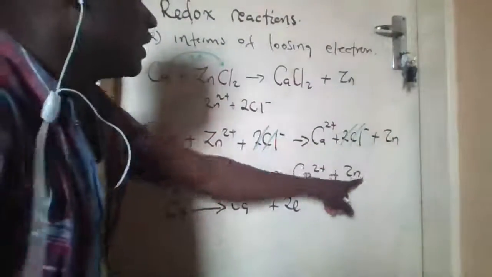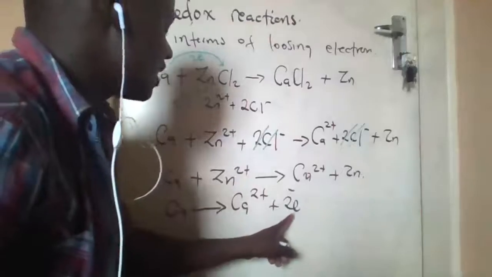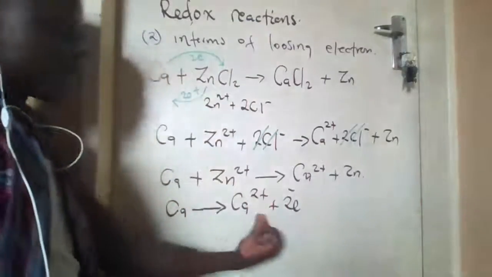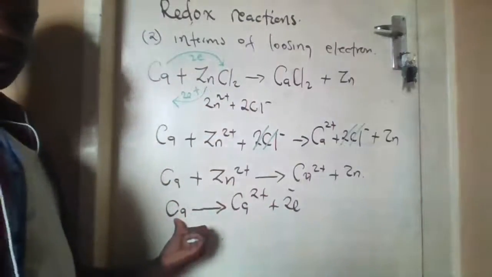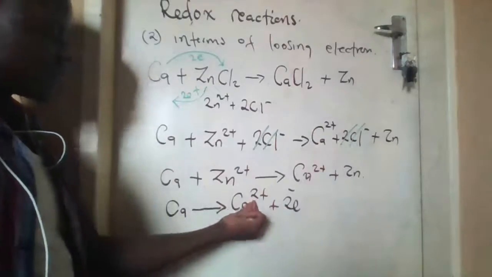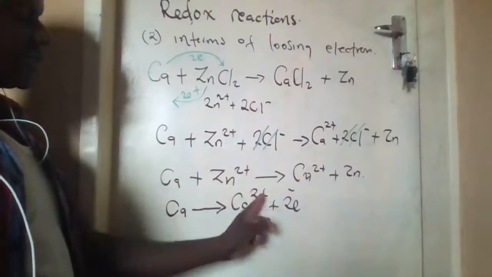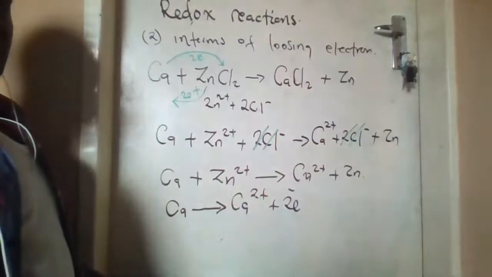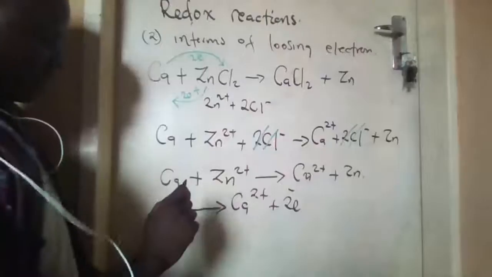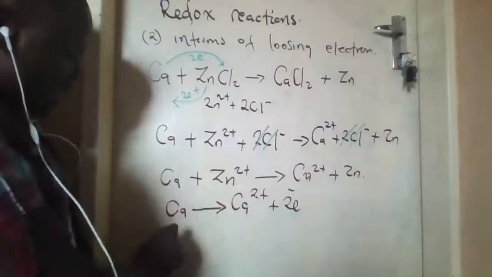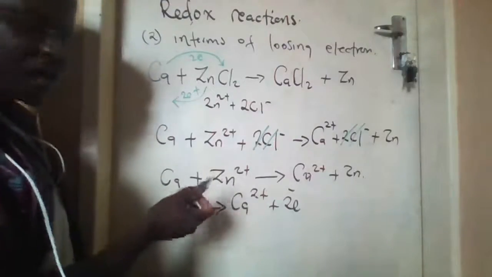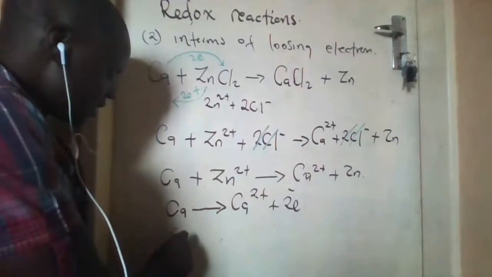There are no electrons here, but why am I showing this? It is to neutralize this so that it will be equal to this. Once I combine 2 electrons plus this, it's going to give me the calcium that I have on the left. That's why I'm indicating the number of electrons that have been lost. So if you look here, like the way it was with the copper, there is no charge on it, so the oxidation state is 0.